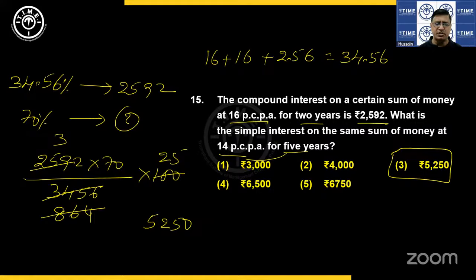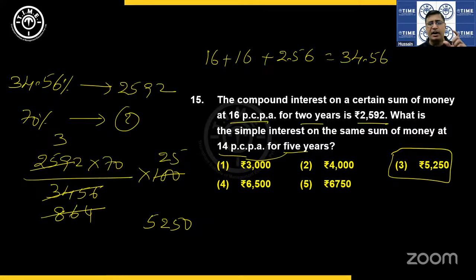Effective rate of interest on a compound interest for a period of 2 years is 16 plus 16 plus 16 into 16 by 100. 16 square, 256 by 100, 2.56. By adding these, we get 34.56%, which is equal to 2592. And the principal is 100%. Interest is 2592. 34.56% is equal to 2592.